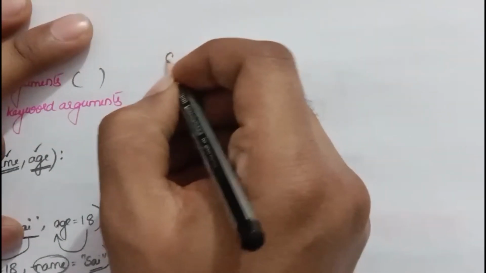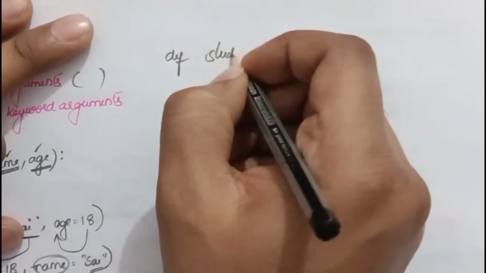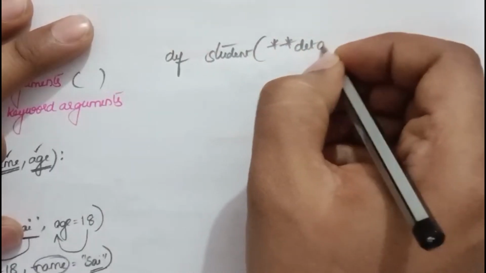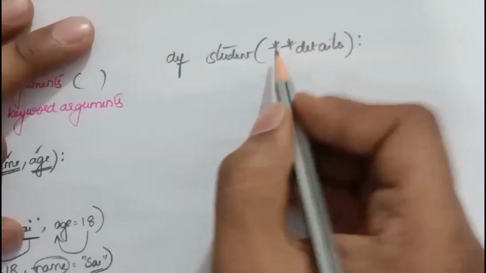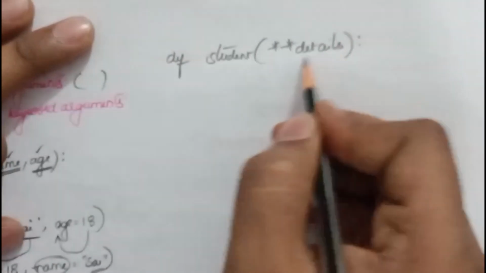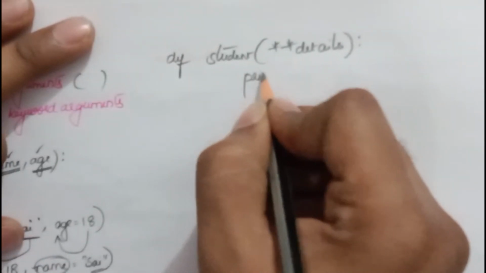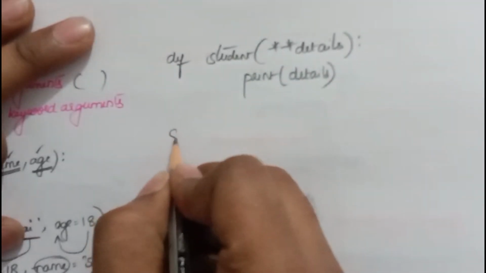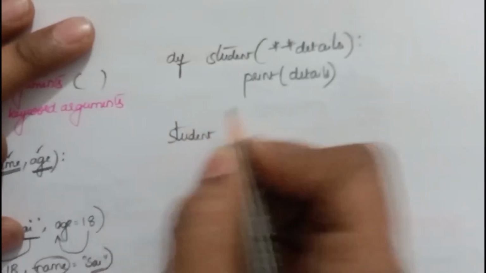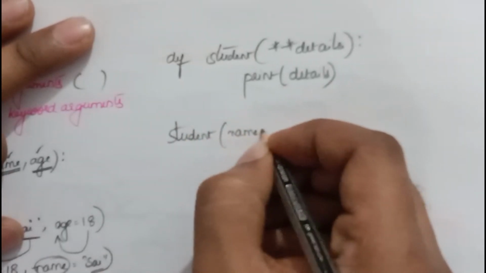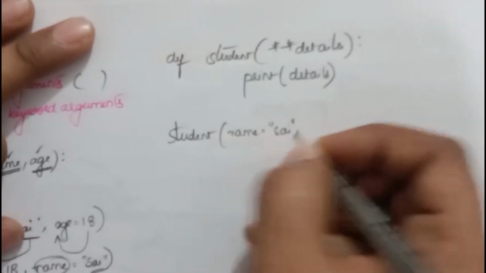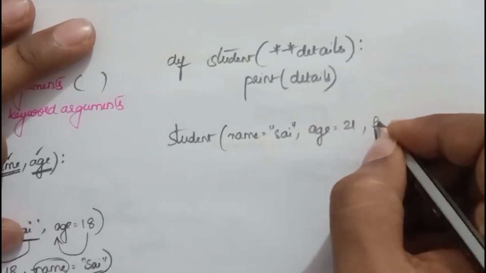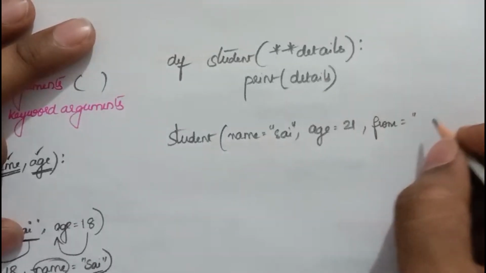Let's say there is a function called def student details. Since it is variable length keyword arguments, we have to write 2 asterisks before the parameter. Print details. This is the body of that function. Now that function is called with name equals Sai, age equals 21, and let's say from means his place.